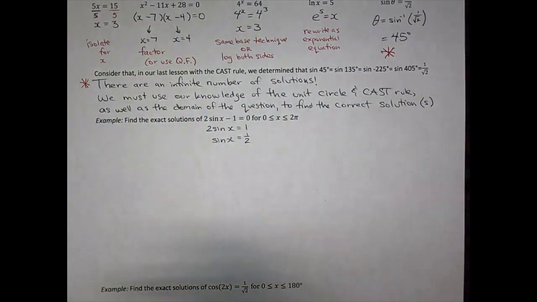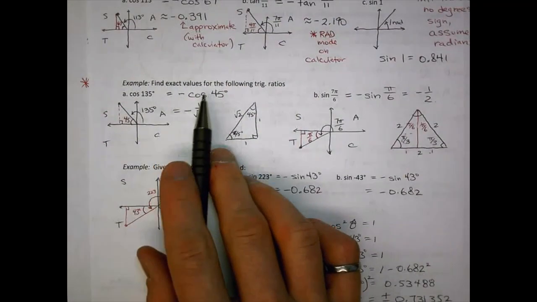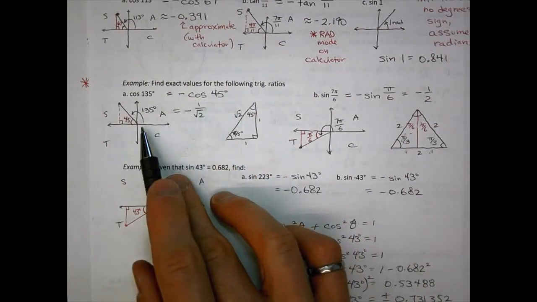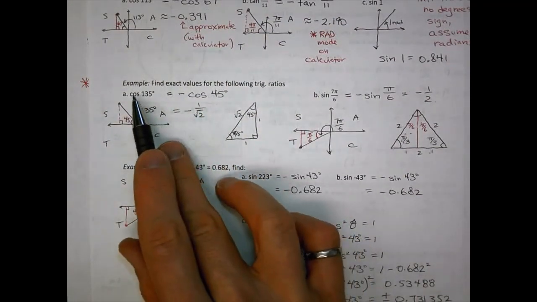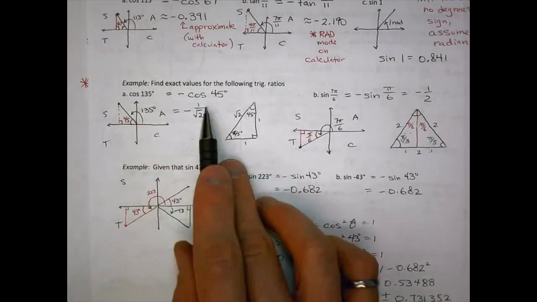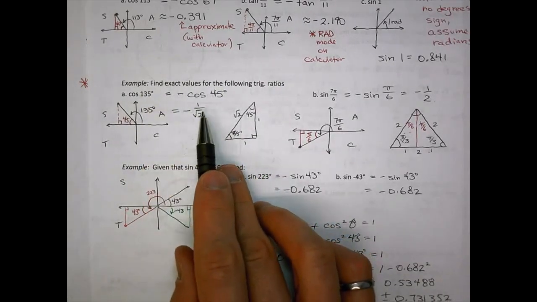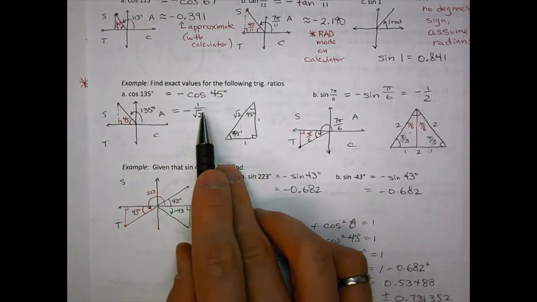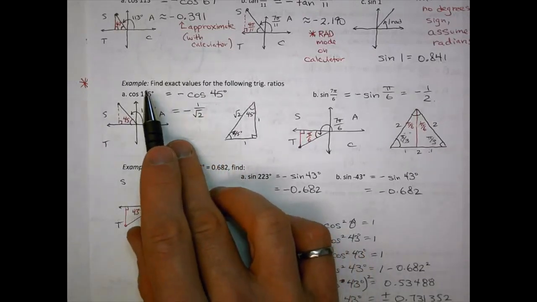Okay, at this point now, I'm going to be working backwards. If you can remember our lesson from yesterday, where we were looking at the cast rule and unit circle, there I was given the angle and I wanted to figure out the ratio. In this case, I'm going backwards. I've been given the ratio, so then I need to figure out the angle.